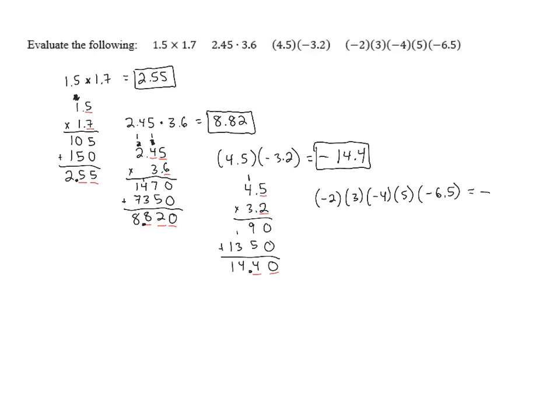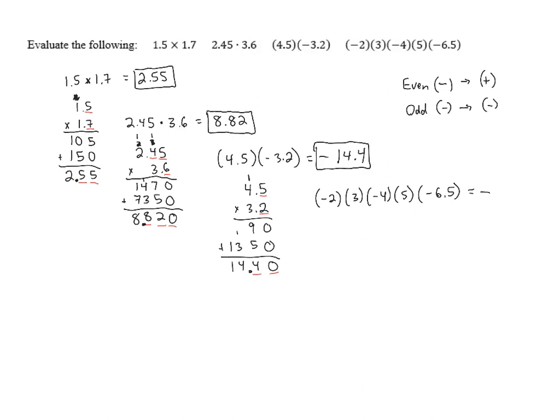And this actually goes along the lines with a rule in math. If you're multiplying a bunch of numbers and there are some negatives in there, if there are an even number of negatives, the answer is going to be positive. And if there's an odd number of negatives, the answer is going to be negative.